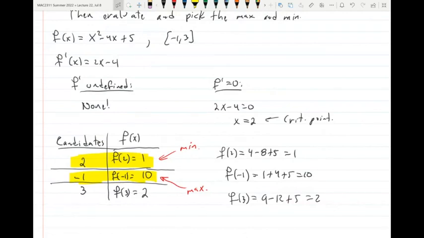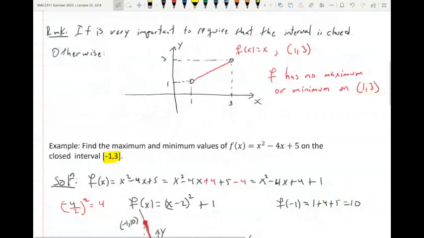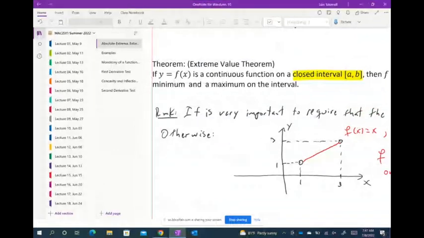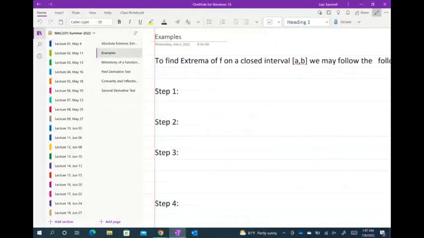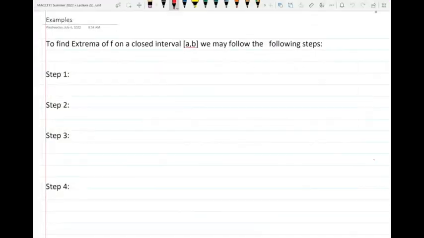All right. Let's do some examples. First, let me summarize the steps, which are exactly the ones that I just mentioned. To find extrema of f on a closed interval, we may follow these steps. Step number 1, find f prime, the derivative.